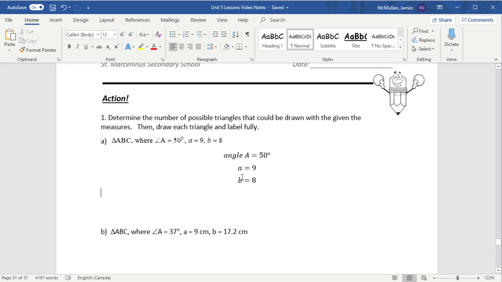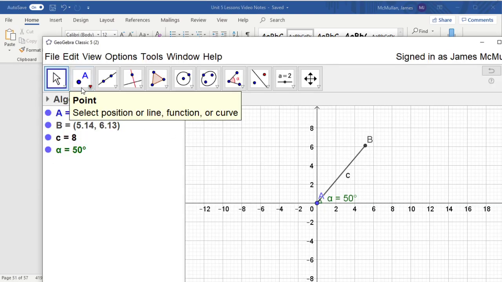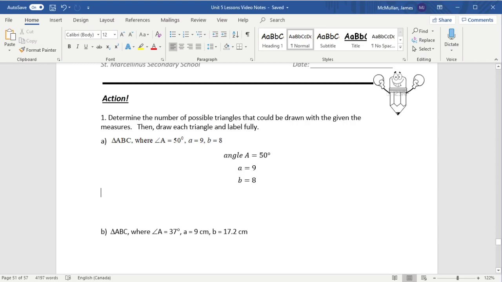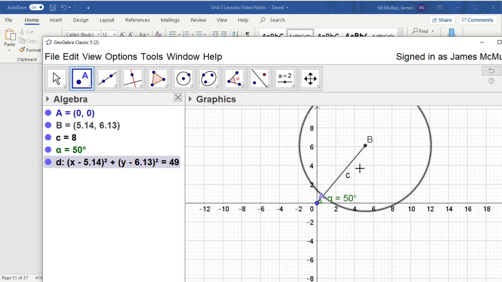Now, the other side is side B. I don't know where it is, but I know if I draw a circle... Sorry, A is 9 and B is 8. I'm just drawing the wrong thing here. Sorry, I see what I've done wrong.